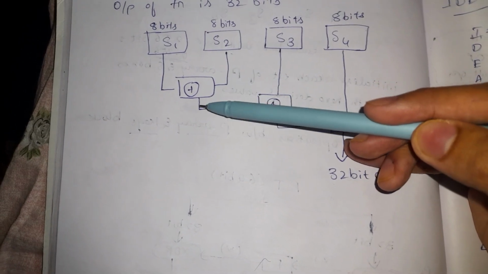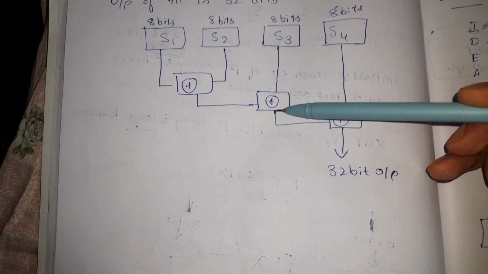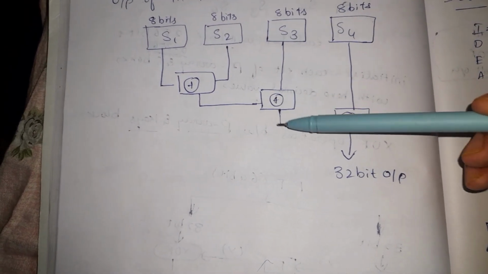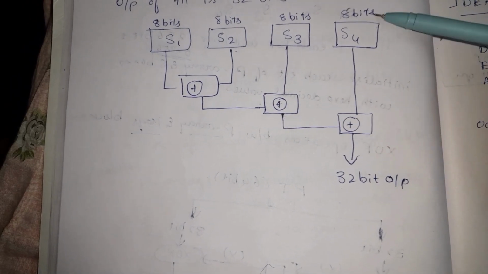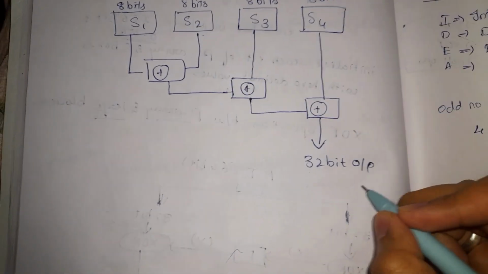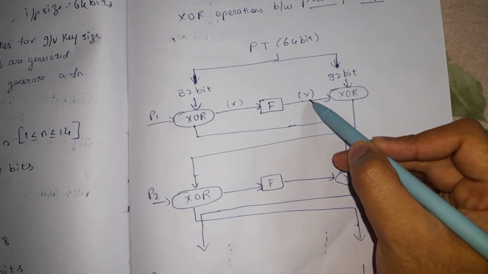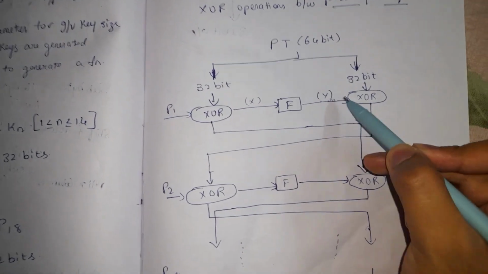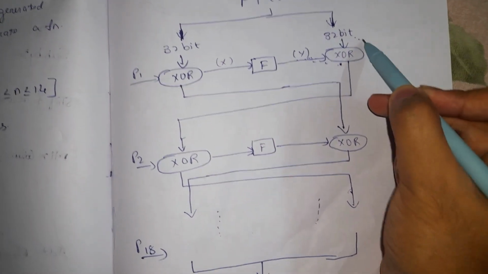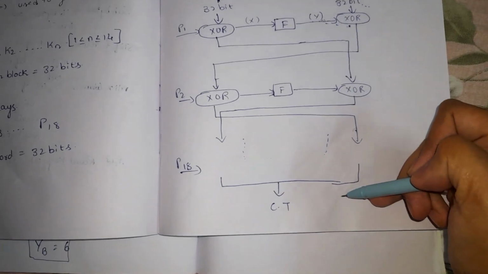Then the result is used to perform an XOR operation with S3. This result is then used to perform an XOR operation with S4, and after that we get our output. The output obtained from this function is used to perform the XOR operation with the other half of the plain text, and this process is repeated until the last round to obtain our ciphertext.